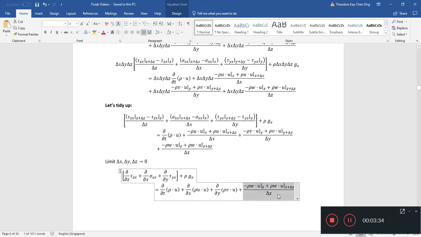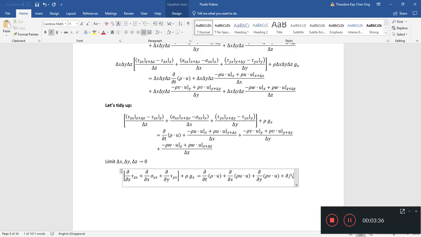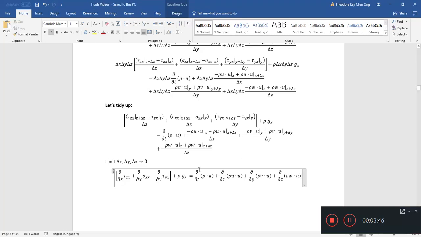And this is a partial with respect to z, rho w dot u.